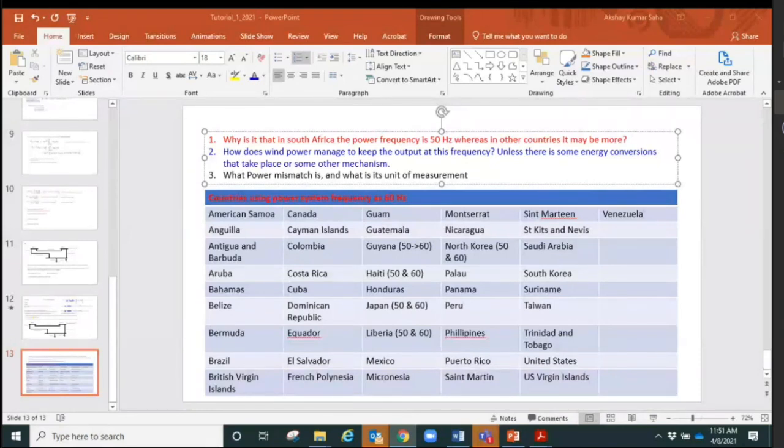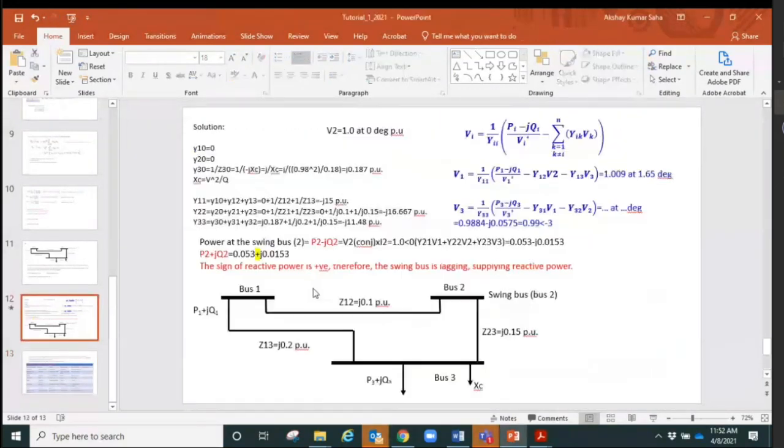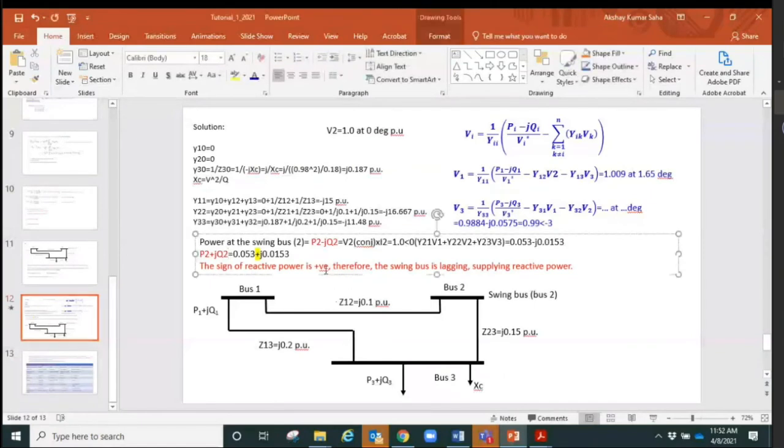So sir, it's like an error between what's calculated and what's actually happening in the system. Yes. What is being injected and what is being calculated, and the calculated value changes with each iteration. Like in this one, you saw that we calculated a P plus jQ value. This is iteration number 1 only. We did not do the second iteration.